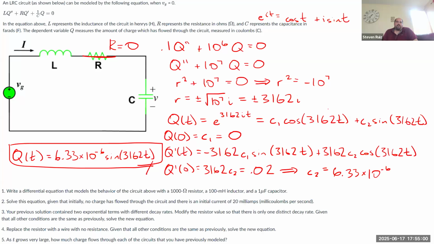What happens here? This is a sine wave. So as t gets larger and larger, the charge has no limit. It basically just oscillates back and forth: positive, negative, positive, negative. So what's going on here is that charge, electric charge, even though it might not seem this way, is a vector quantity. It can be negative.